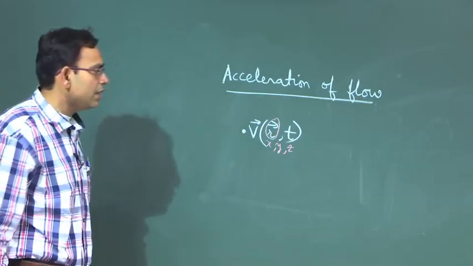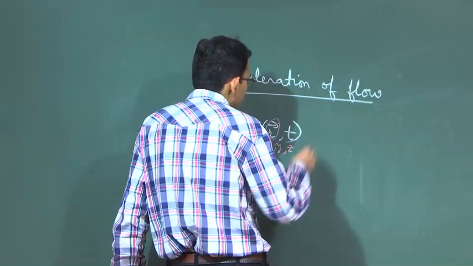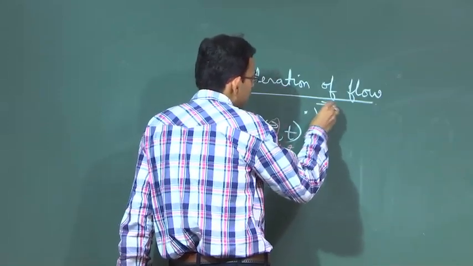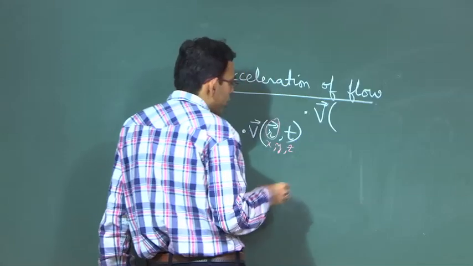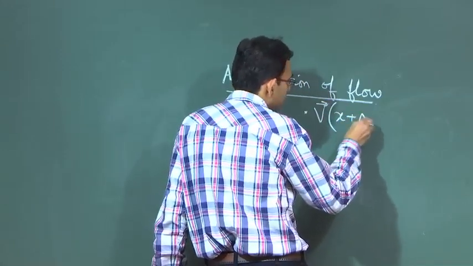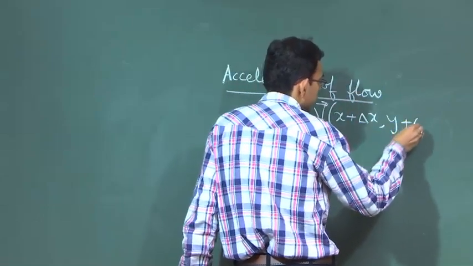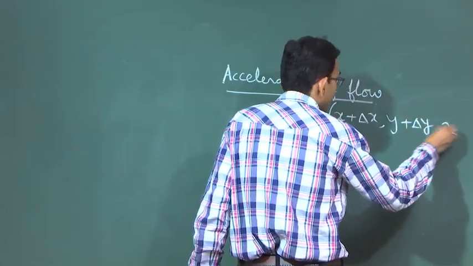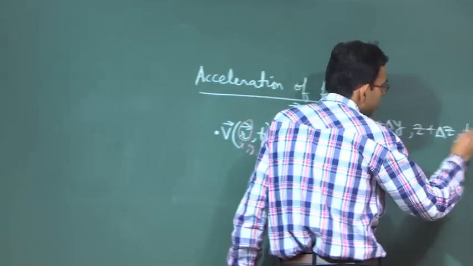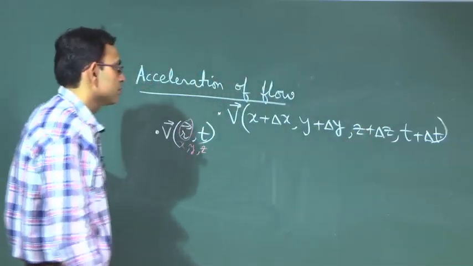Now, let us say that the fluid particle in a small time interval comes here and its velocity at this new location becomes a function of the new position, and by this time a time has elapsed, so it is t plus delta t. So this is also Eulerian description.